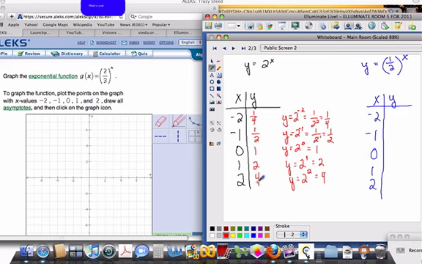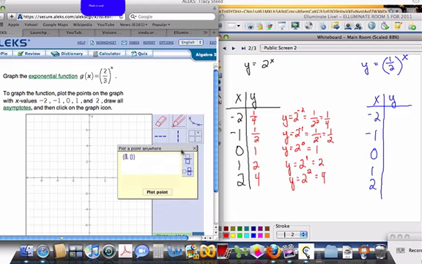Okay, so now I'm just going to show you what's going to happen over here on this graph. Now, if I'm plugging in -2, 1/4, I'm going to use this button here that shows to graph it at an exact point. I'm going to put x as -2. My y value is going to be 1/4. And I just tell it to plot that point for me.